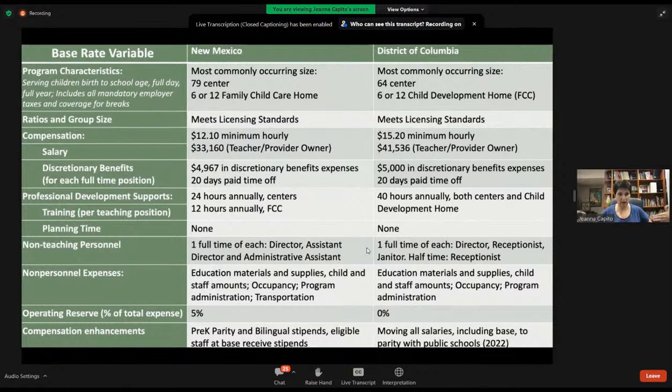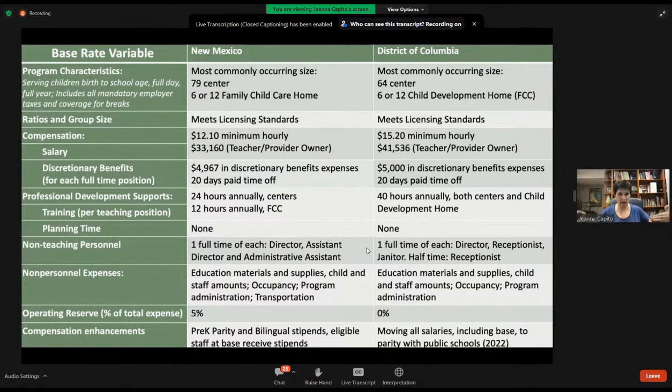Same thing with the paid time off days. 20 days of paid time off, usually split between sick and vacation, in both of the models. In the case of New Mexico, around the exact same time they passed a state law that there was a minimum, I believe, of 10 days of paid time off by all employers. So this exceeds that, but it already was built into the model, the feeling that it was important.